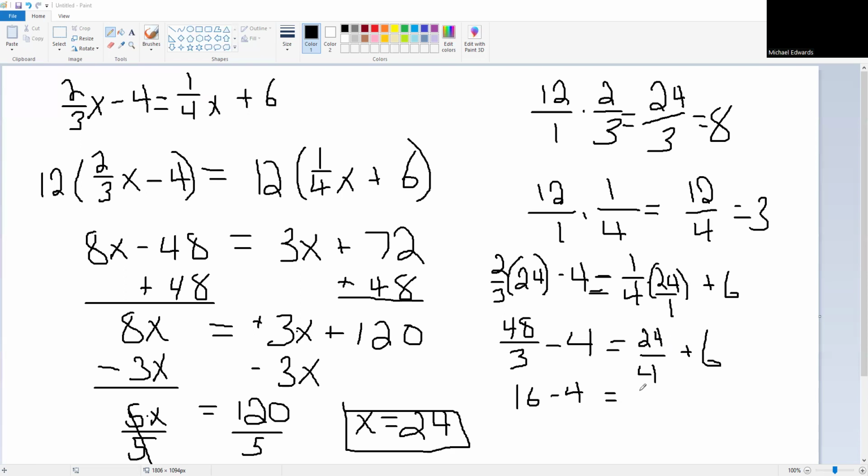That's just 6 times. So 6 plus 6. 16 minus 4 is what? 12. That equals 6 plus 6, which is 12, and those are equal. Check out.